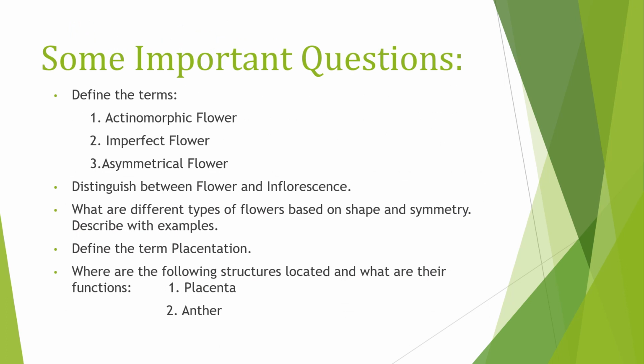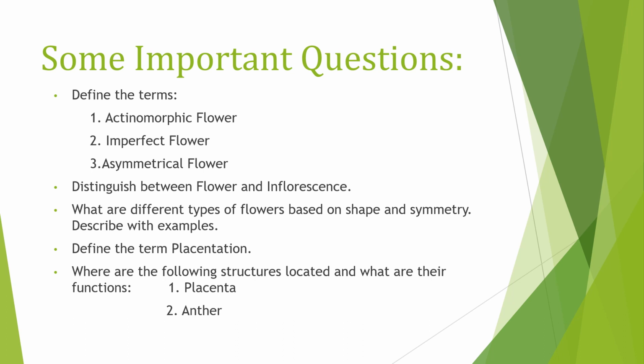Now some important questions. Define the terms actinomorphic flower, imperfect flower and asymmetrical flower. Next, distinguish between flower and inflorescence. Now what are the different types of flowers based on the shape and symmetry?